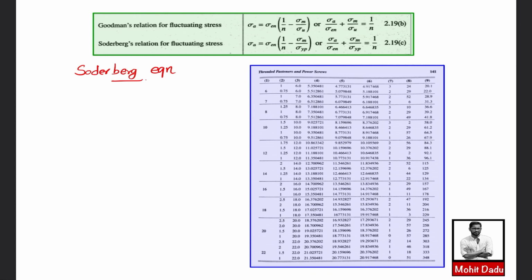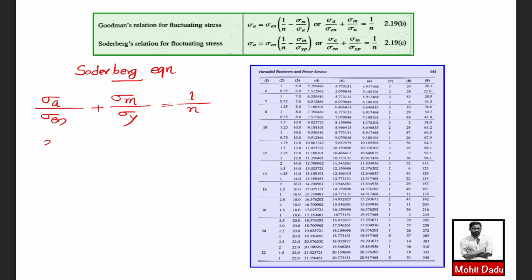So I will be writing that expression: sigma A divided by sigma endurance plus sigma mean divided by sigma yield point equal to 1 by factor of safety, or 1 by n.